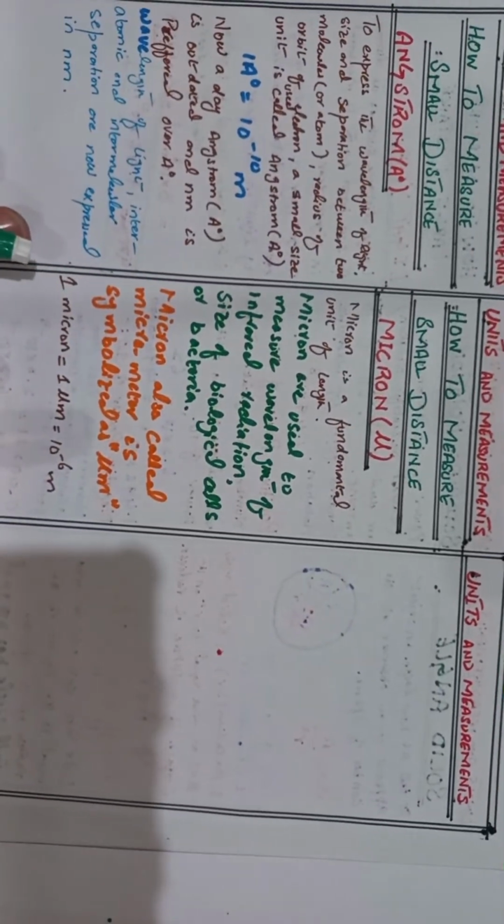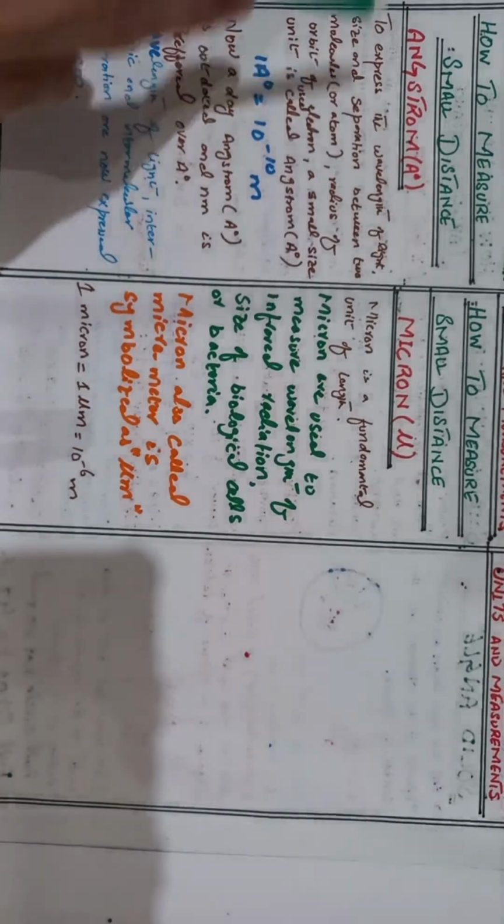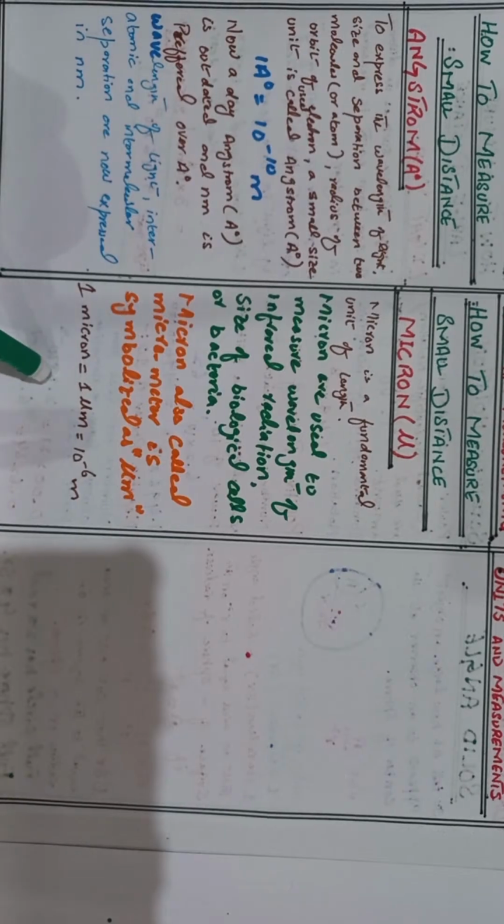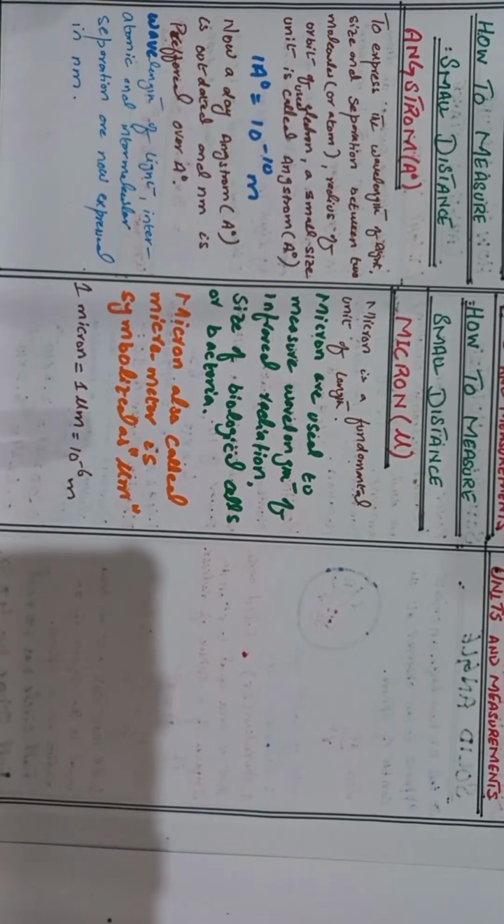Then we discussed how to measure small distances. For small distances, we use two units, angstrom and micron. Angstrom is equal to 10 to the power minus 10 meter, and micron is 10 to the power minus 6 meter. For measuring small sizes such as bacteria, we use the micron, and for measuring interatomic distance and intermolecular separation, we use the unit angstrom. That is all we discussed today.